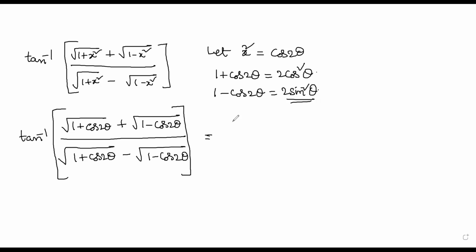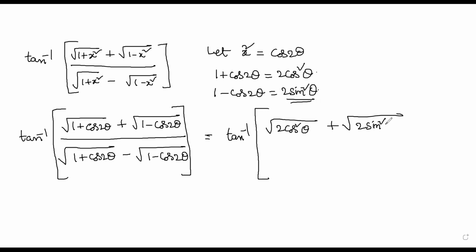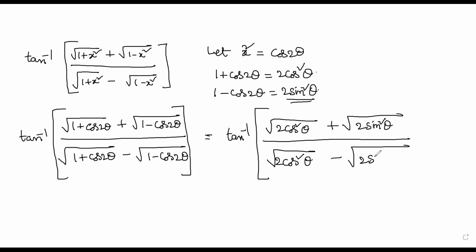Plug that in. So it becomes tan inverse of square root of 2 cos square theta plus square root of 2 sin square theta, whole divided by square root of 2 cos square theta minus square root of 2 sin square theta. So this is what you have.